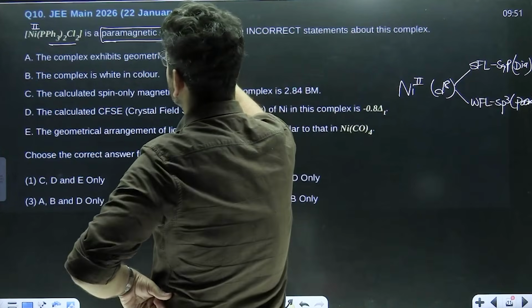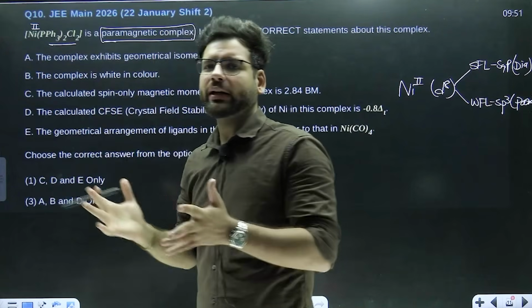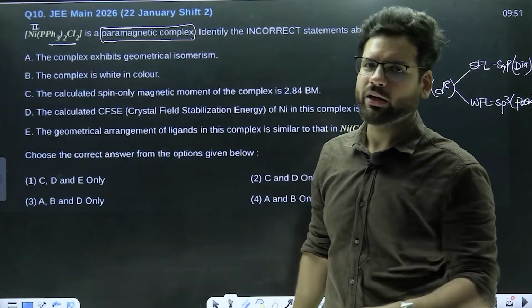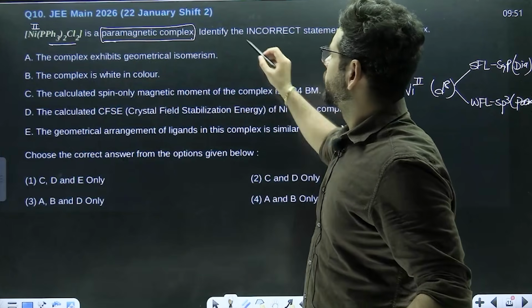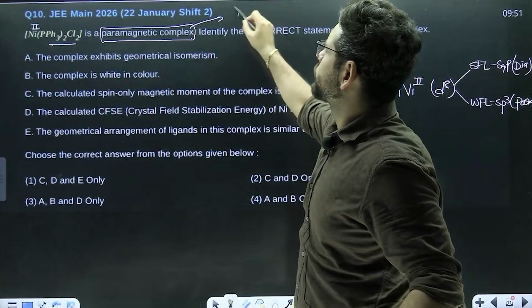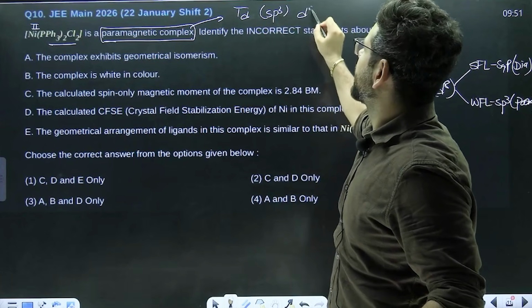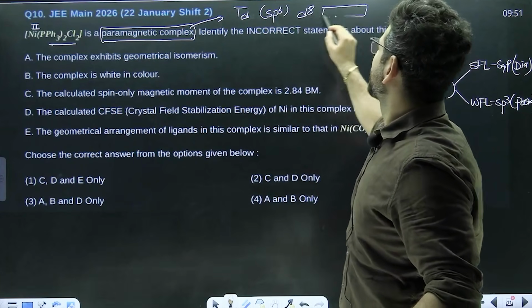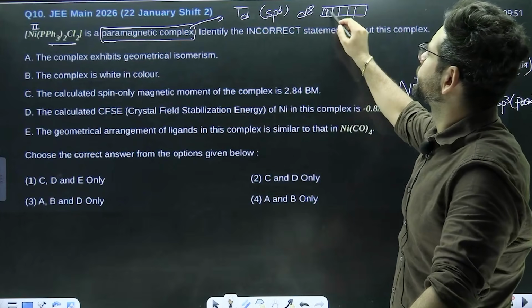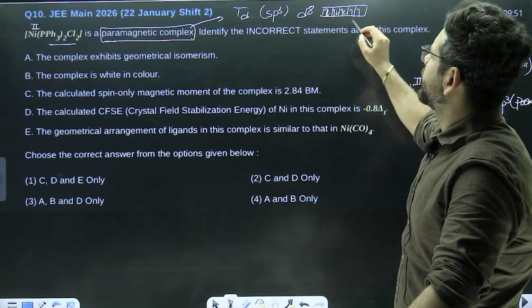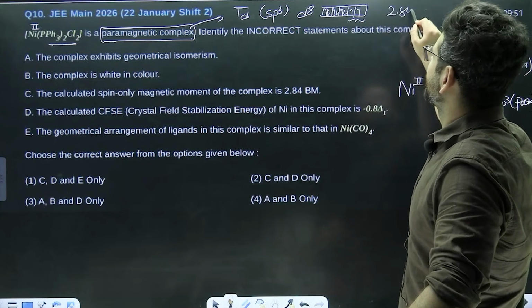They are saying it is paramagnetic, which means these ligands overall are acting like a weak field ligand scenario. So it has to be tetrahedral, it has to be sp3, and it is a D8 configuration, which would be looking like this. 2 unpaired electrons, so 2.84 Bohr magneton.